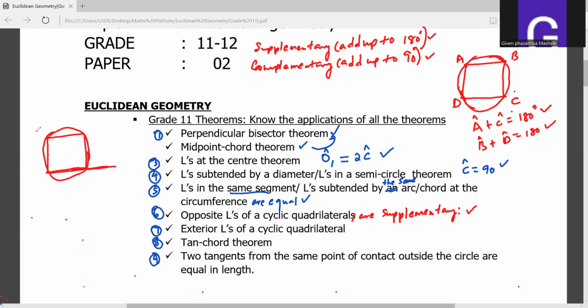Okay, so let's call this A, B, C, and D. If you look at C, you'll realize that we have two angles: we have C1 outside and we have C2 inside.